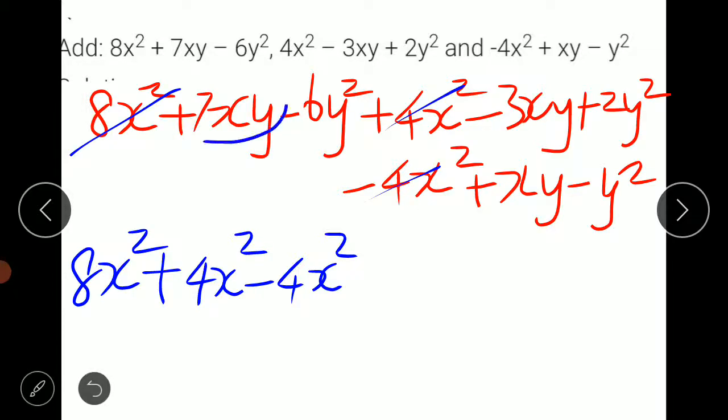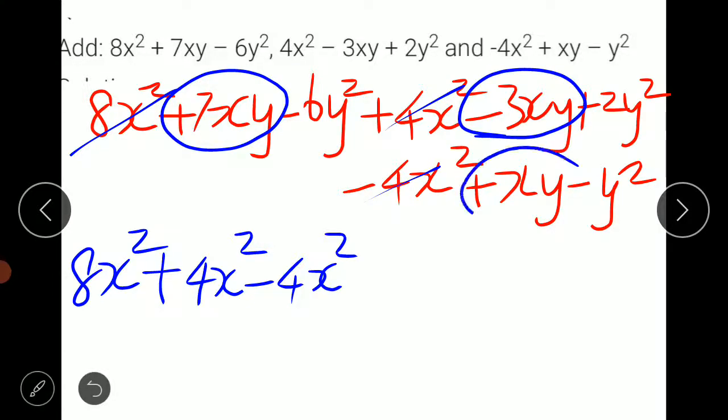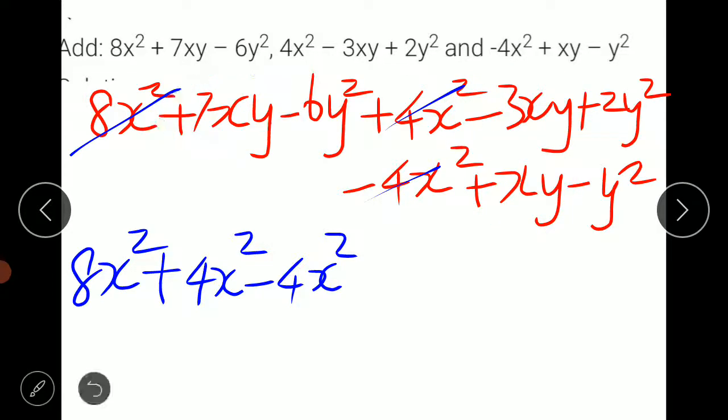So next term, xy term. What is this term? Xy term. Is there any other xy term? Xy term? Yeah, minus 3xy plus xy. All these, see, the variables are same with same power. So these are like terms. So let's pick up all these together. When you copy the terms with sign, very important.